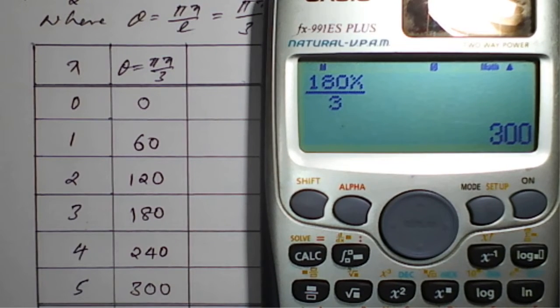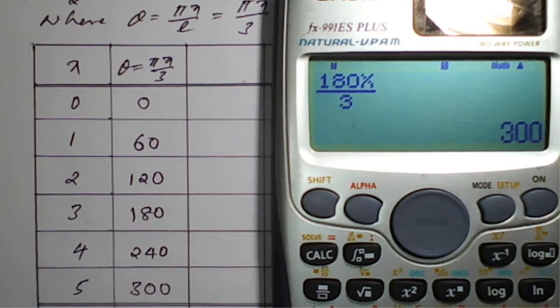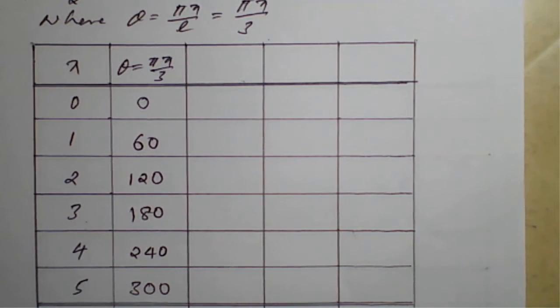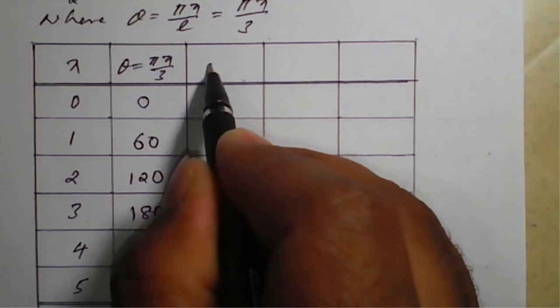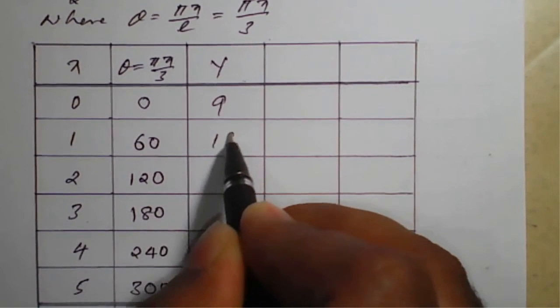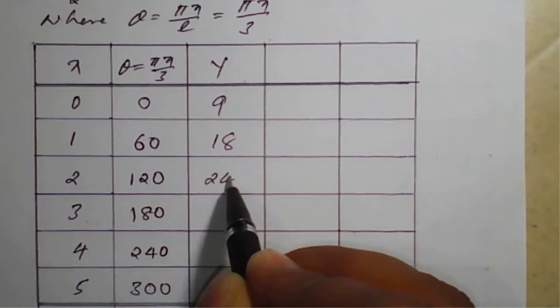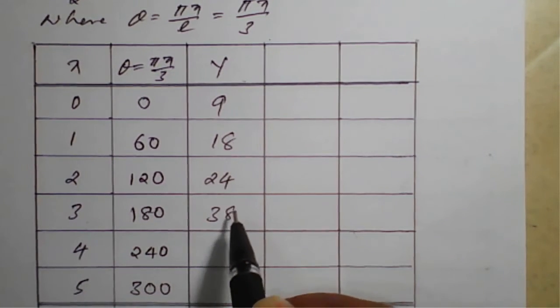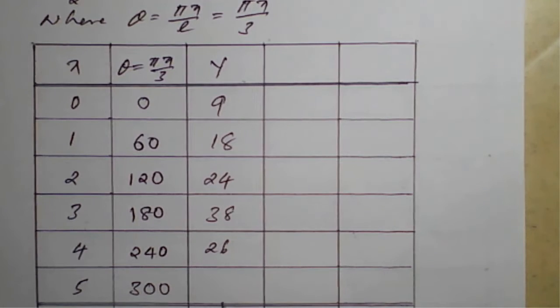So we got the values of theta. Next we collect the y values from the table. The next column is y: 9, 18, 24, 38, 26 and 20.